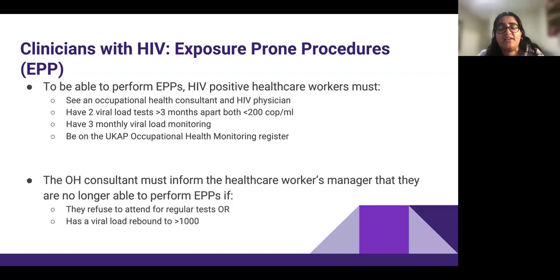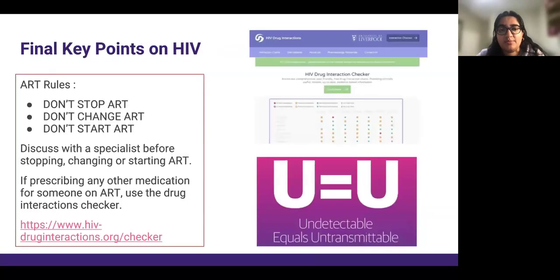Essentially they need to be compliant with taking their antiretroviral therapy, and also compliant with attending these appointments for checking their viral load, because if they refuse to do that, or they have a viral load that is greater than 1,000, then you may no longer be able to perform some things like the exposure-prone procedures, and it may affect your ability to be a clinician. So that's important to keep in mind.